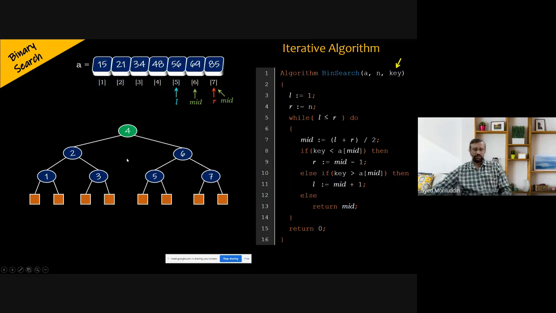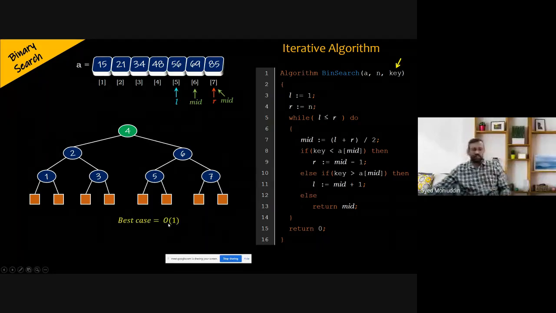Now let us try to analyze. What will be the best case? The best case would be if the element is found at mid index 4. That is, at the first computation itself, the element is found at the mid index. That's the best case. Since it is done at the first instance, when L is computed, R is computed. We have a while loop. Obviously, a while loop may run O of n times.